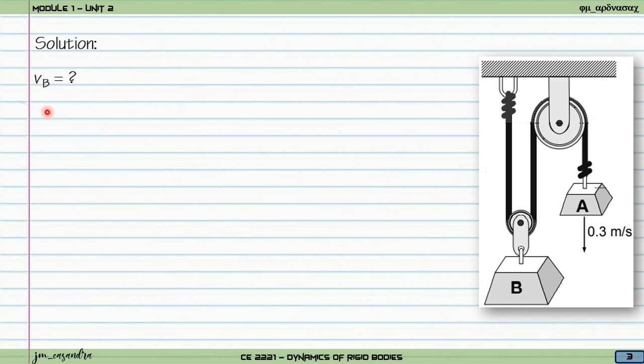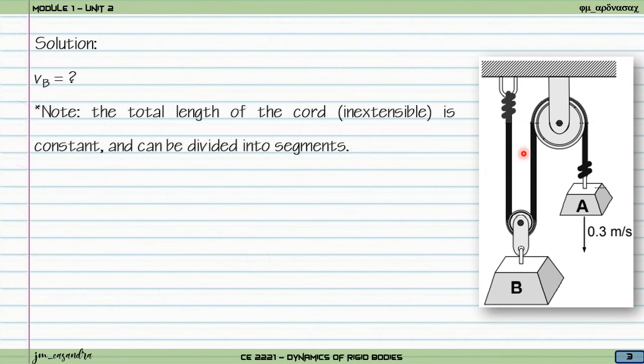For our solution for the speed of weight B, we have to take note that the total length of the cord will be constant, assuming that the cord used is inextensible, meaning the cord will not stretch upon the application of force with the weight being pulled down.